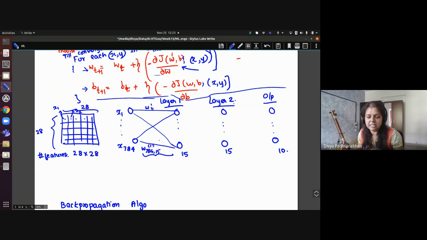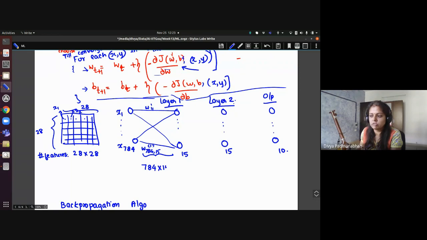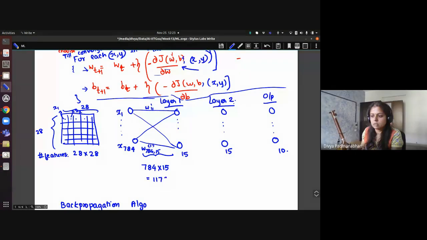What's the number of weights that you will have in this layer? 784 into 15. Yes, 784 into 15. Can somebody tell me roughly how much this is? 11760. Okay, fine. So this is the number.